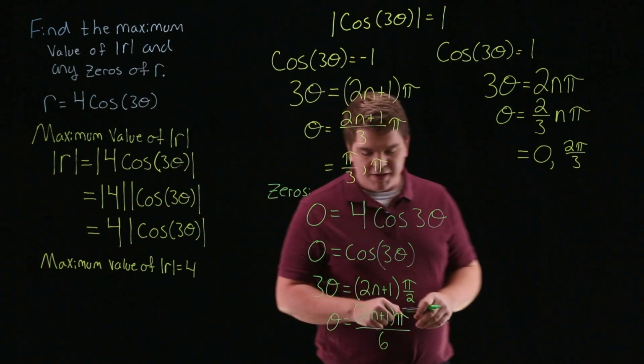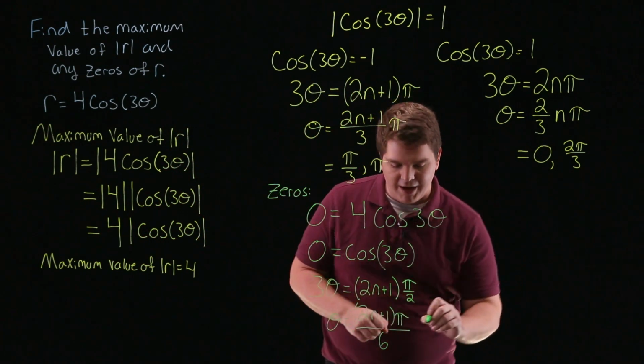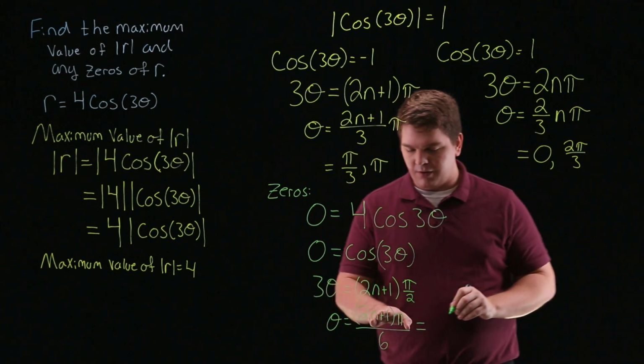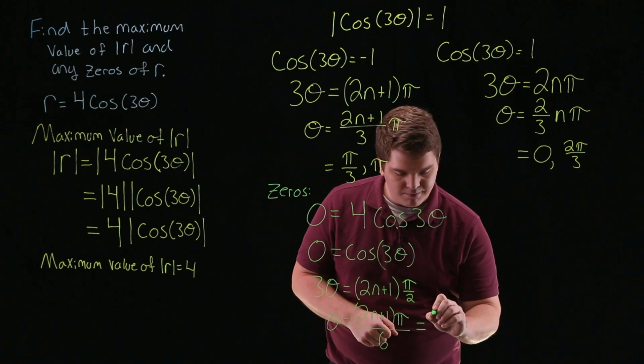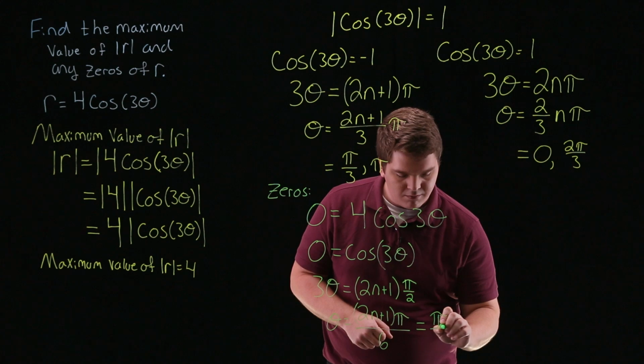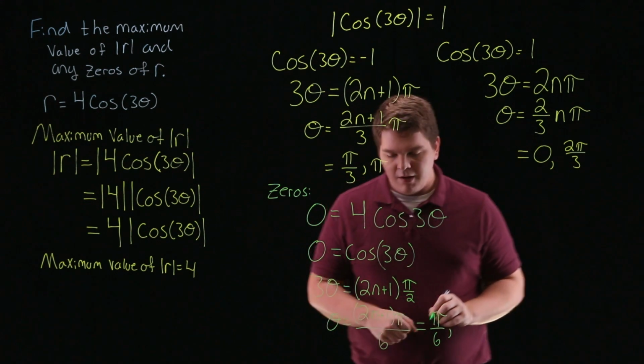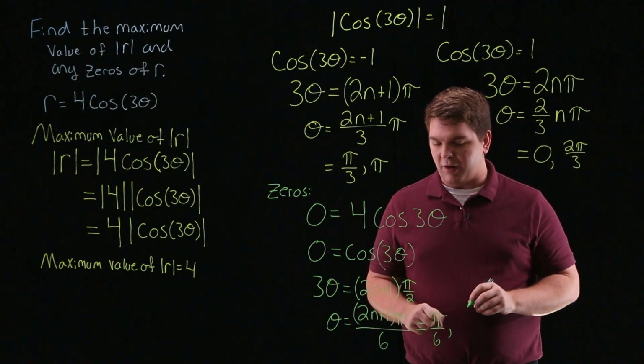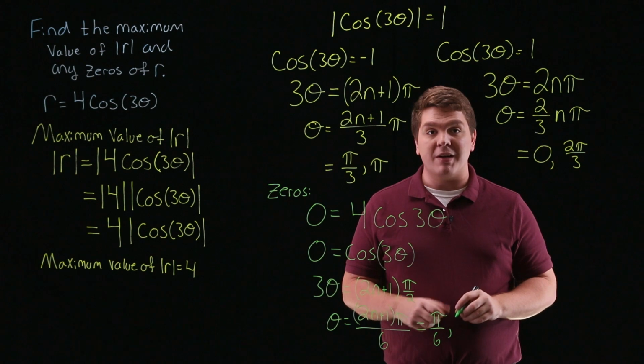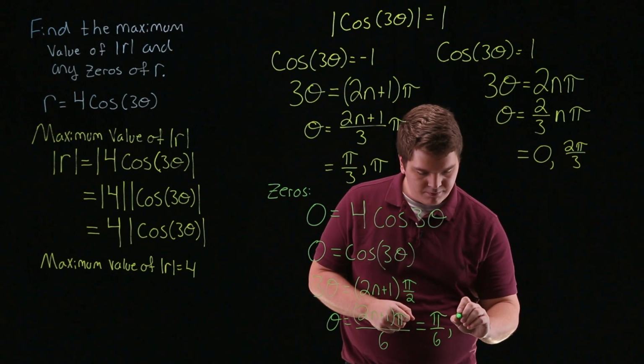If we substitute 0 in for n, we're going to have theta equals pi divided by 6. If we substitute 1 in for n, we're going to have 3 pi divided by 6, or pi over 2.